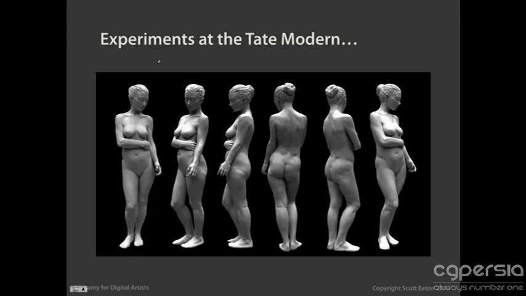And so the experiment was to use ZBrush to do the exact same thing. Because the tool is very powerful, for people who haven't used it, it allows you to very easily change proportions, to change pose, to change volumes. And that's really the point that we're looking at here, is the expression.